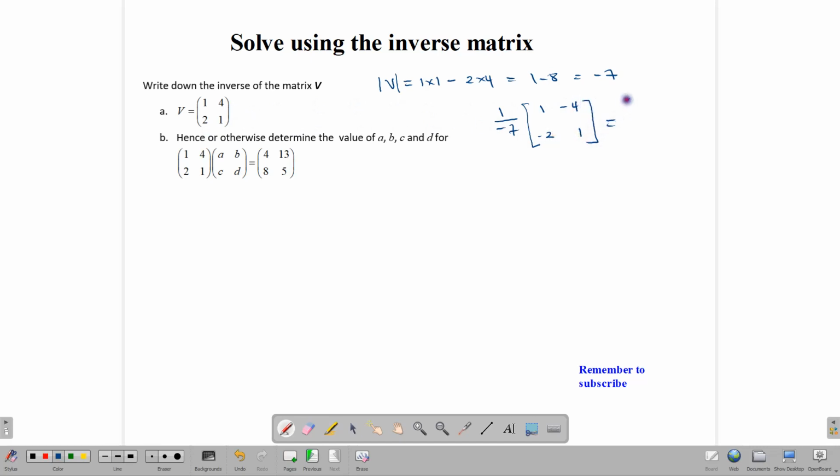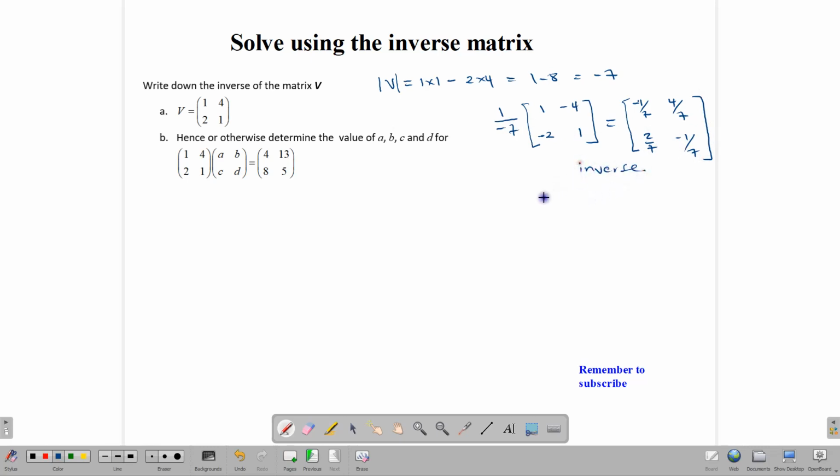And this gives us, when we put that fraction inside the matrix, negative 1 over 7, positive 4 over 7, negative and negative here, positive 2 over 7, and negative 1 over 7. So this is our inverse.